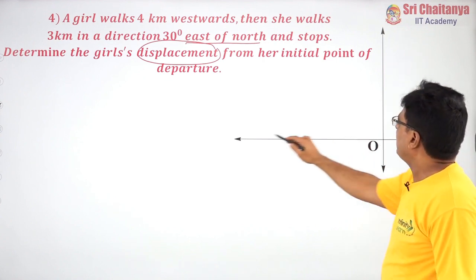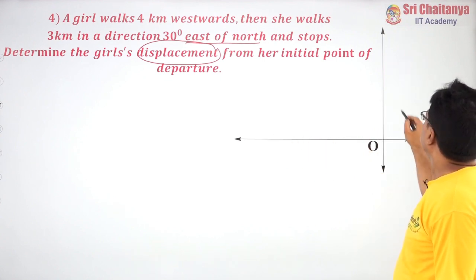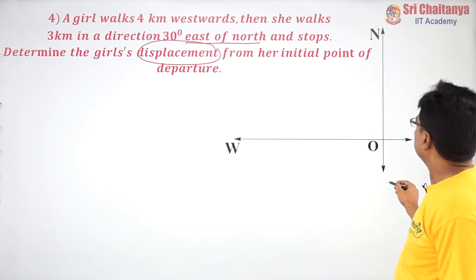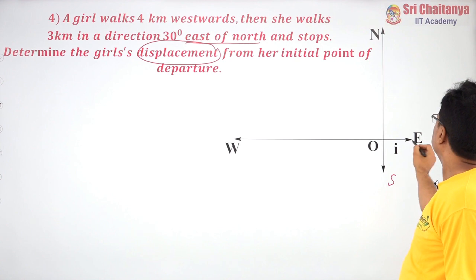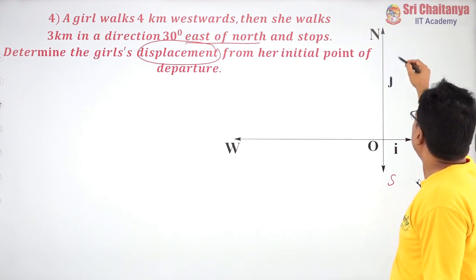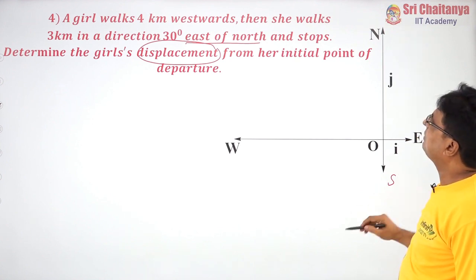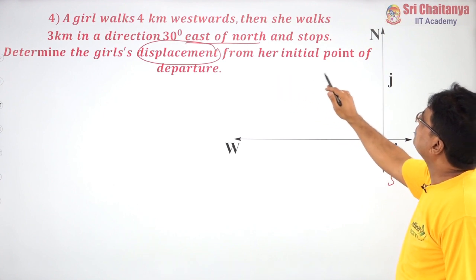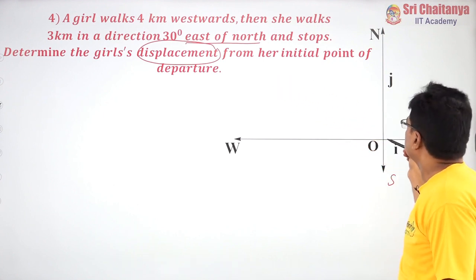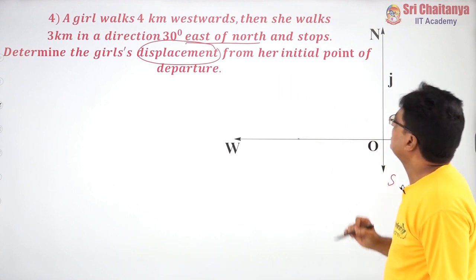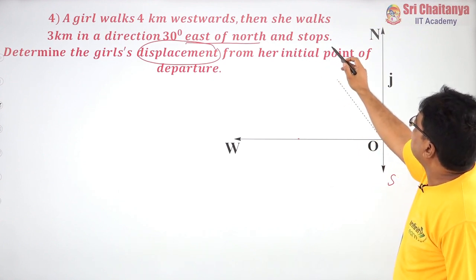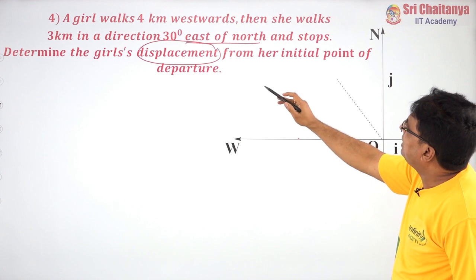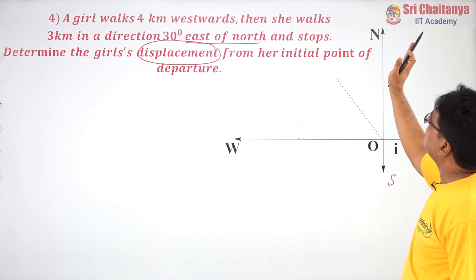Without loss of generality, this is my origin, and this is east, this is north, and this is south. Along east, this is my unit vector i, and along north, this is my unit vector j. A girl walks 4 kilometers westwards, so she is walking like this. Then she walks 3 kilometers in a direction of 30 degrees east of north.